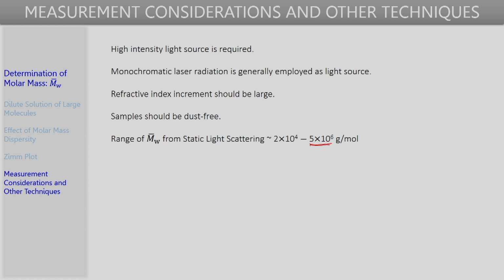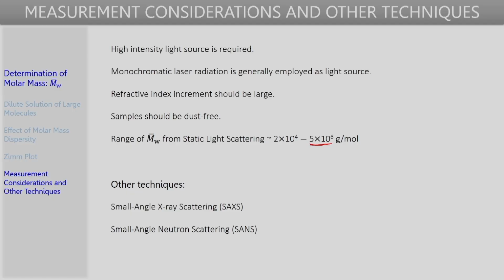Apart from static light scattering, there are some other techniques that can be employed to determine not just M_w bar, but also radius of gyration and other structural features of polymer samples at the nanoscopic level or nanometer level. A couple of important techniques with regard to that are small angle X-ray scattering and small angle neutron scattering.